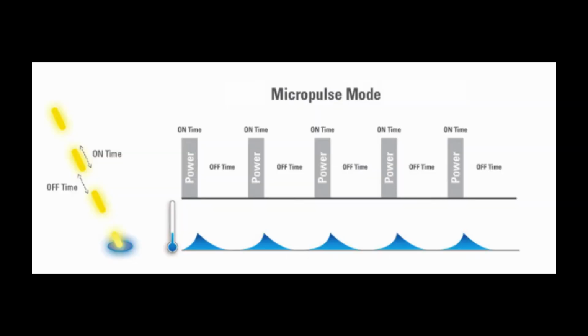So here we have another diagram which shows what we mean by micropulse. Micropulse means that each laser pulse can be subdivided in thousands of small pulses. And then we can manipulate with the laser what percentage of time we want the laser to be delivering heat and what percentage of time we want the laser to remain off.